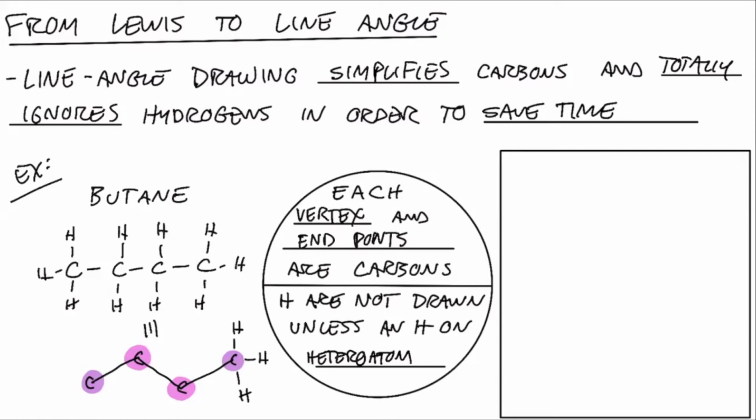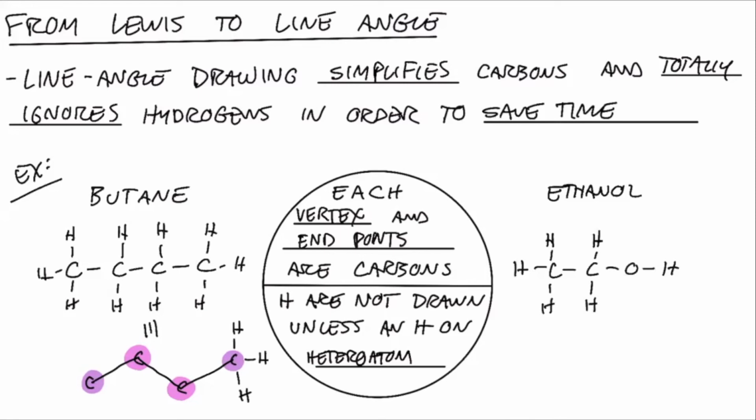So here's another example of ethanol. This is the example with a heteroatom. We have 2 carbons here. Let me show you how easy it is to draw 2 carbons, 1, 2. There we are, again reminding ourselves that this end is a carbon, this end is another carbon.